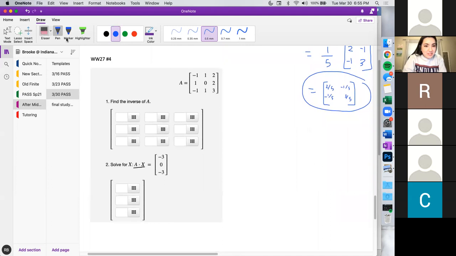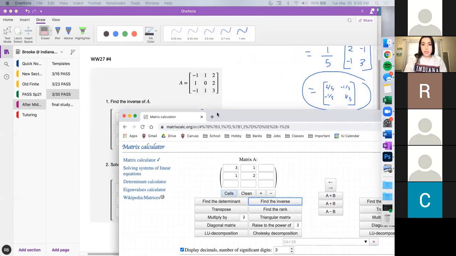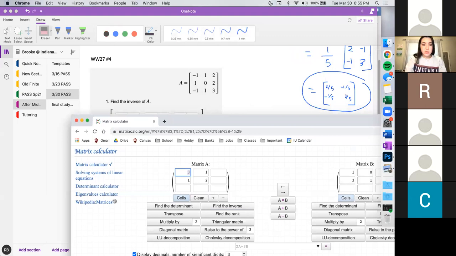Okay, so find the inverse of A. I was going to ask y'all if you want me to row reduce that. I'm not going to because of time. So instead, I'm plugging it in here. Negative 1, 1, 2, 1, 0, 2, negative 1, 1, 3. Press find the inverse.